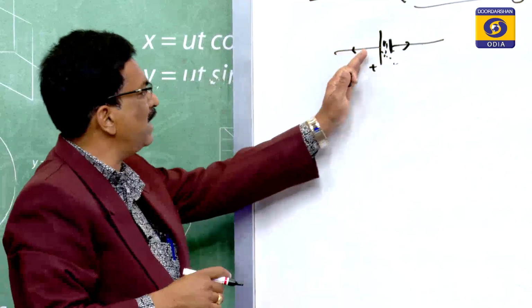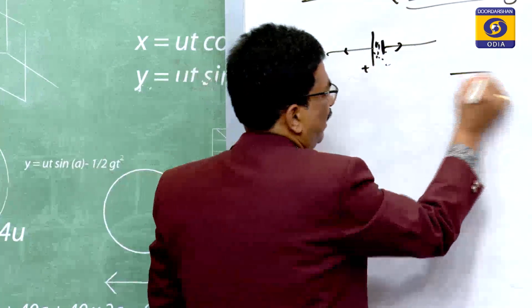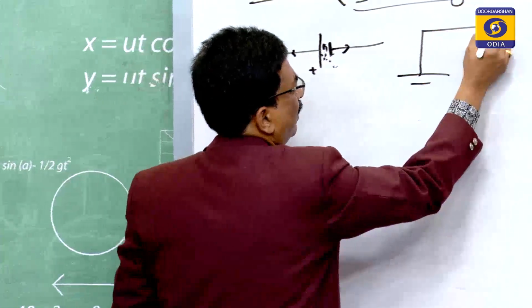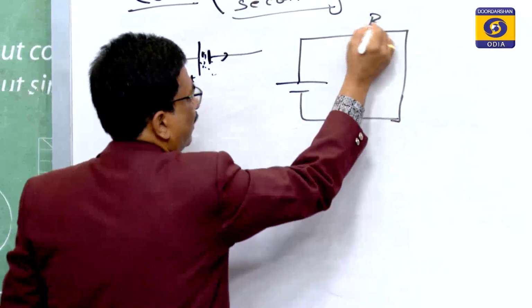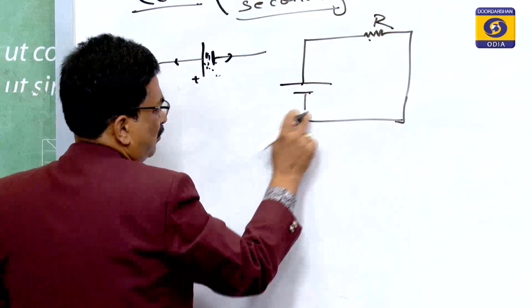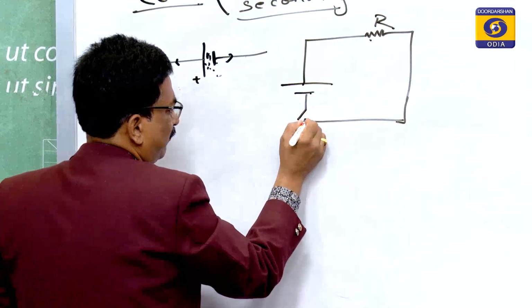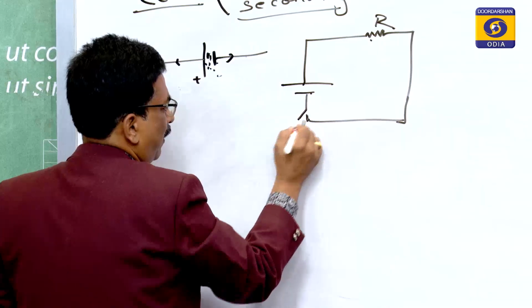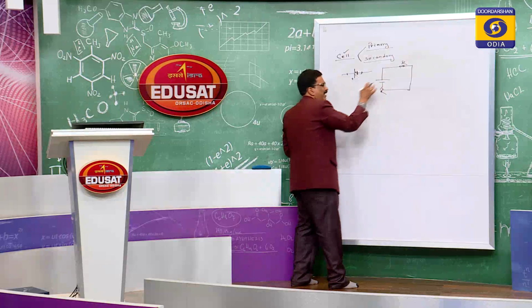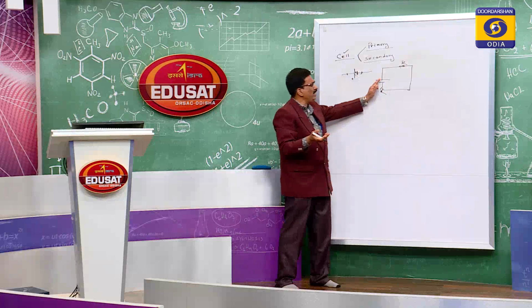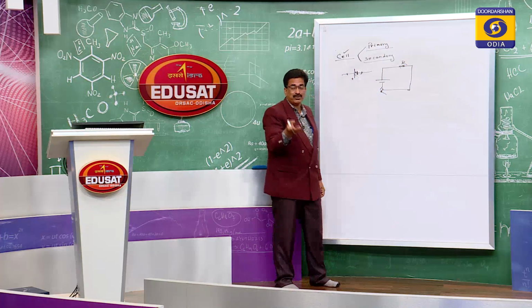So, if that cell is connected through a circuit, suppose this is a cell, we connect it with a circuit, and this circuit has a resistance R, and suppose we have a key here. When this key is pressed, then this battery is charged. So, when it charges, it produces the current. It never produces the charge.